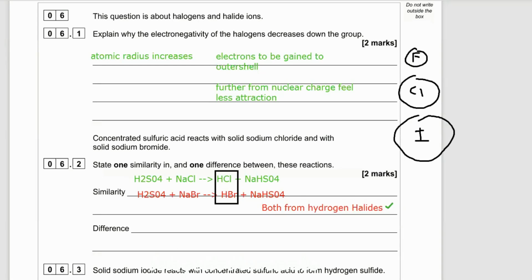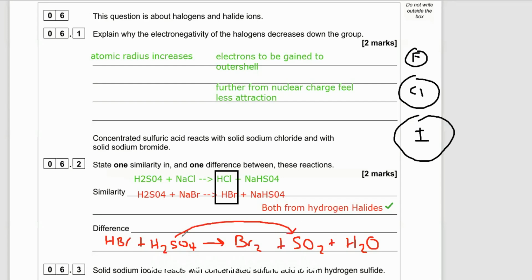The difference is that because bromide ions are a stronger reducing agent, they can go on to actually reduce the sulfuric acid because it's in excess. They can go on and reduce that to form bromine and sulfur dioxide.